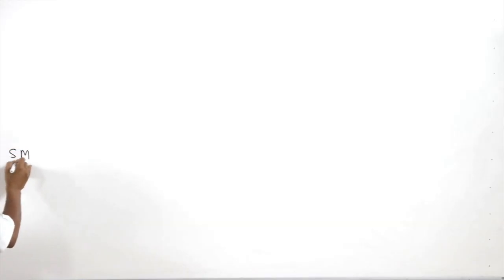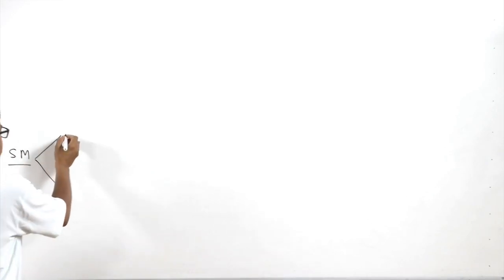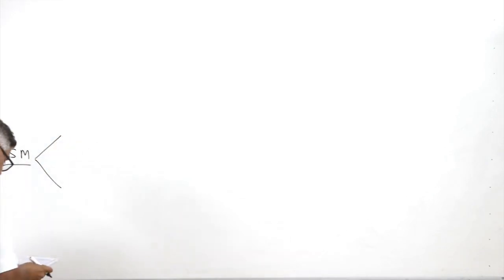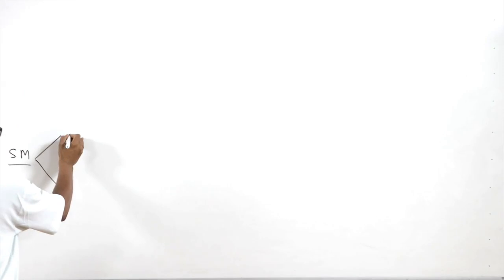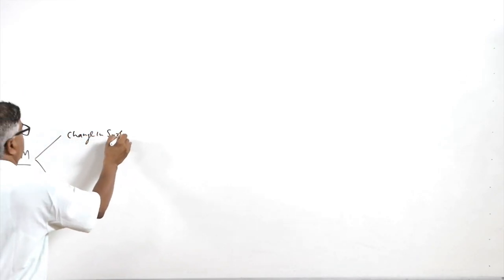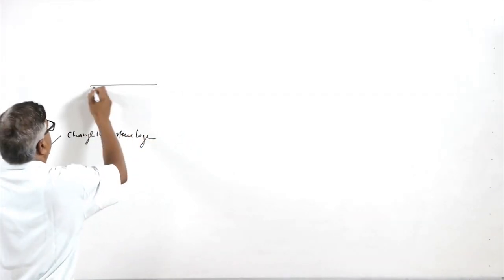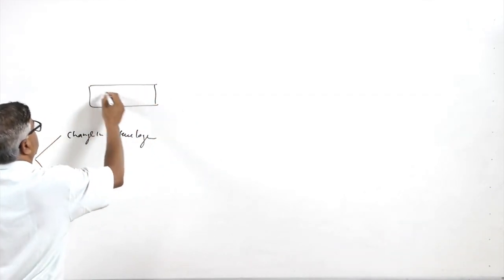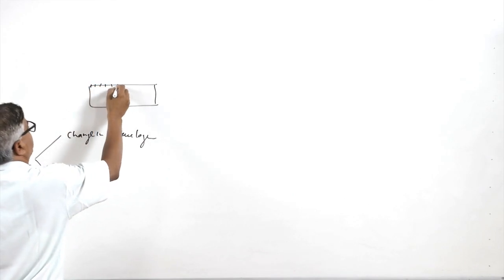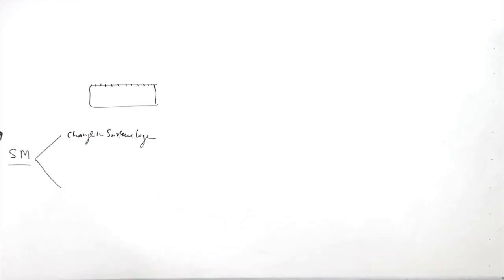In order to classify the entire range of surface modification approaches, surface modification can broadly be grouped under two headings. In one, there is a change in the surface layer of the component: the surface layer itself is modified, surface and below surface layers are modified.